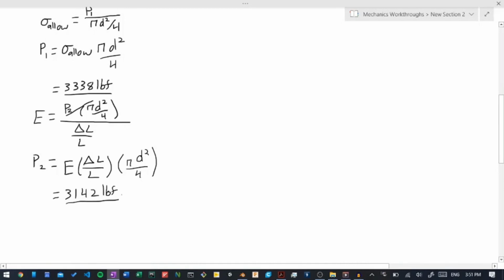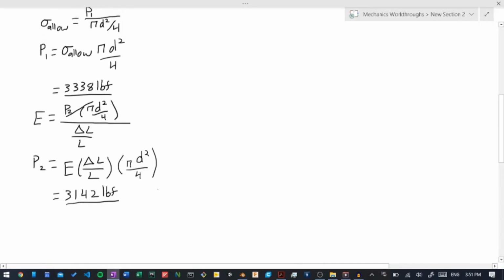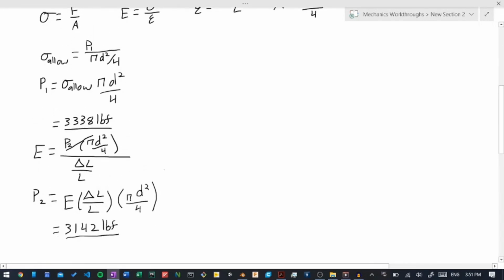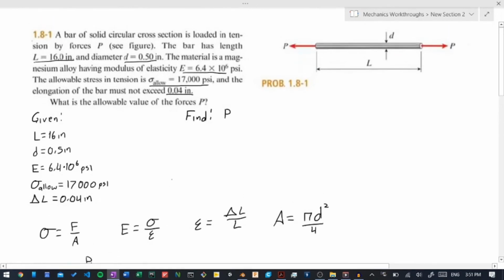So now we need to figure out which one to pick for our final answer. Since both of these are looking for a maximum P, meaning we want the biggest P that we can use to not cause too high of a stress or to stretch the bar too much.